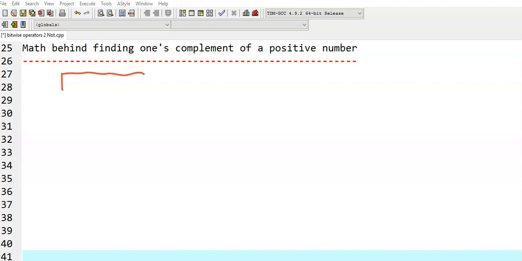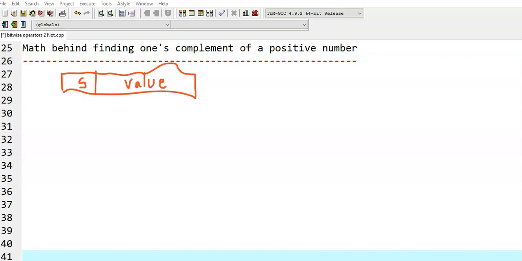The first part is the sign part, and the second one is the value part. Value is also called magnitude. In this fashion, an integer value is represented in the computer system.